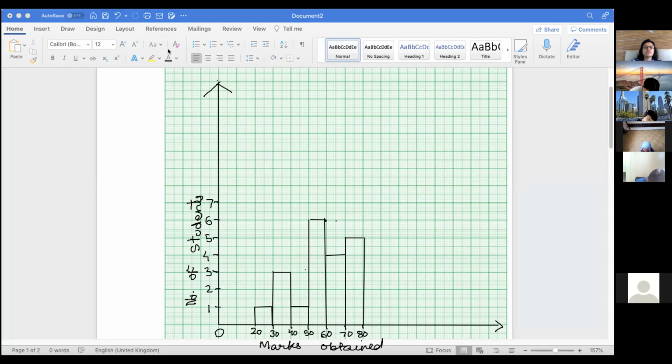Okay, so this is a histogram. You will color it.